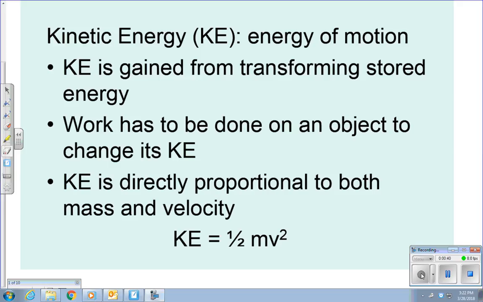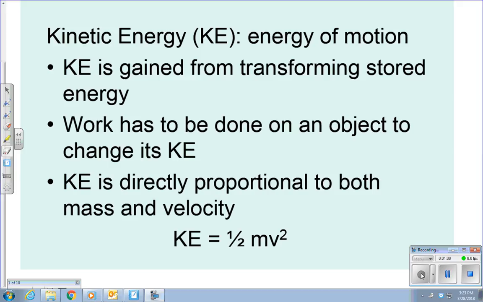So kinetic energy, again, is the energy of motion, and usually kinetic energy is gained from transforming stored energy, some sort of potential energy. Like if you take a rubber band and stretch it, you give it elastic potential energy, and then when you let it go, that elastic potential energy gets transformed into the kinetic energy of the rubber band flying through the room.